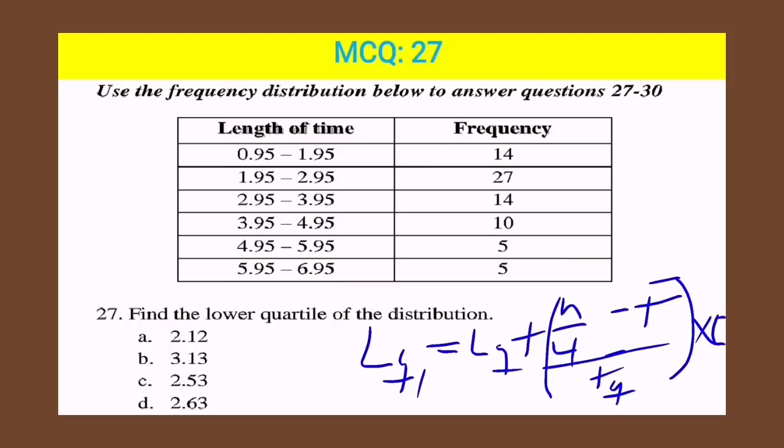My board is very small. Okay, good. So this will be the formula that's going to help you, because it's grouped frequency data. You're going to use this formula, and I'm going to explain the variables within it.